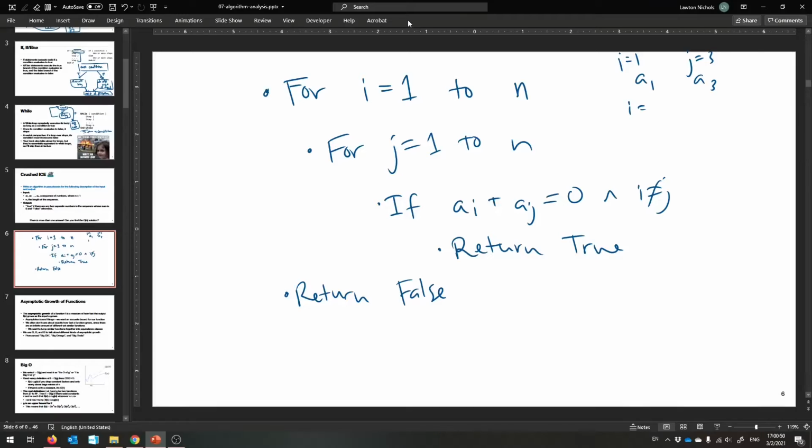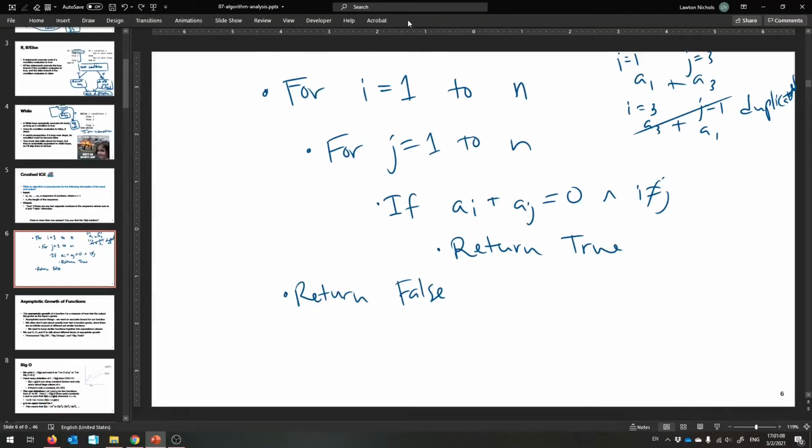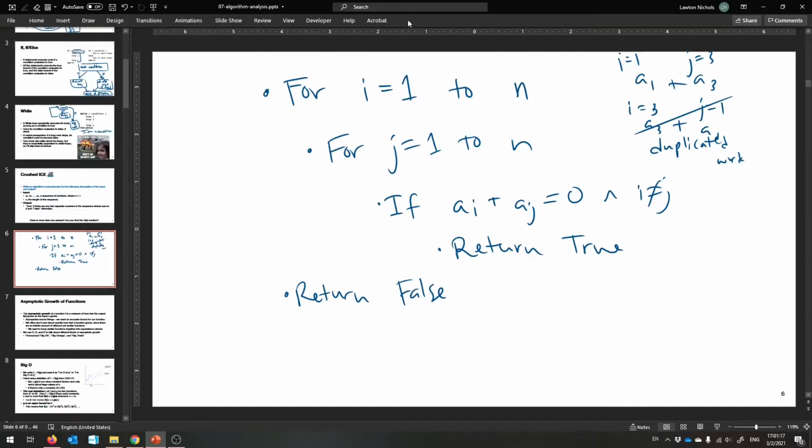Like, I can be 3, and we're looking at A3 there, and j can be 1, and we're looking at A1 now, and we're adding them together again. So that's duplicated work. So that's silly, and there's no need to try it again when we've already tried it.